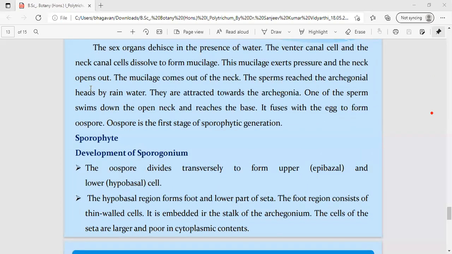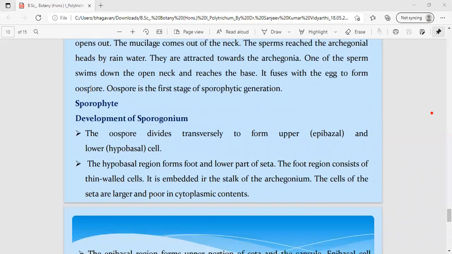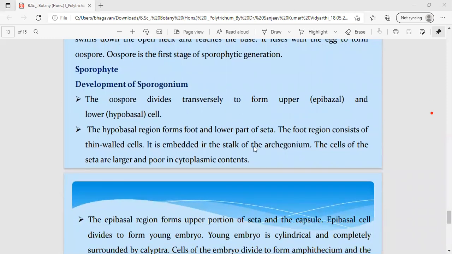Now the zygote will develop into the next generation in the life cycle, which is called the sporophyte. The sporophyte structure in Polytrichum is a little bit complex when compared to Anthoceros and Marchantia, where it is very simple.